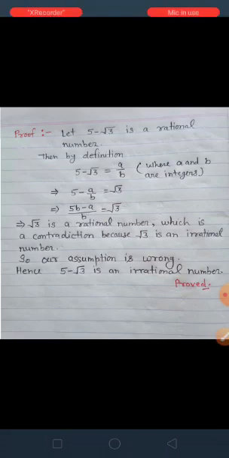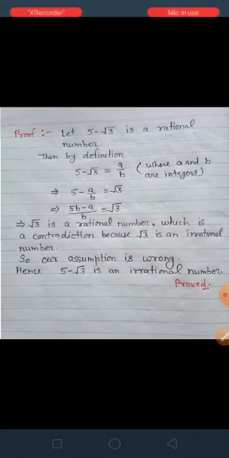Students, we already know root 3 is an irrational number, but the right side 5b minus a upon b is in fractional form, and a and b are integers, so this will be a rational number.